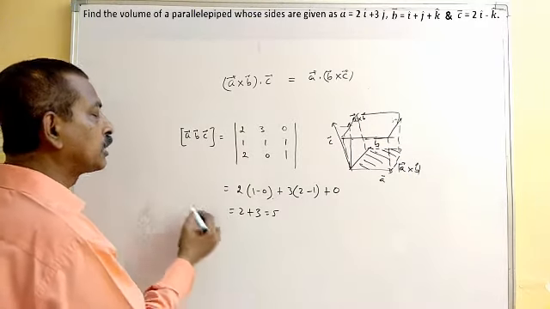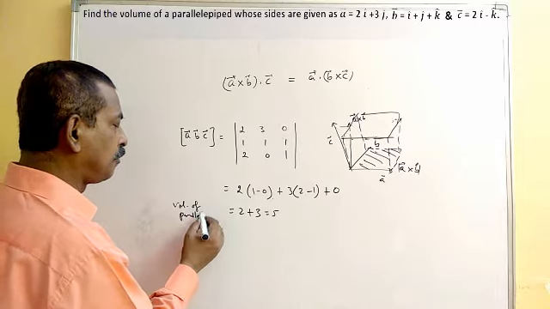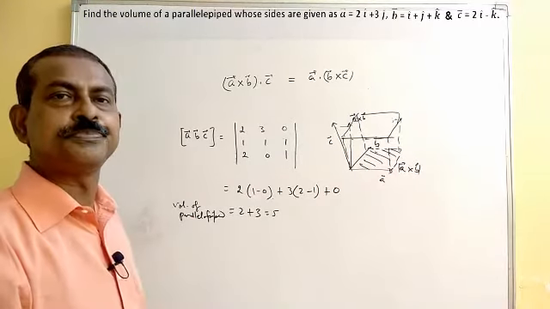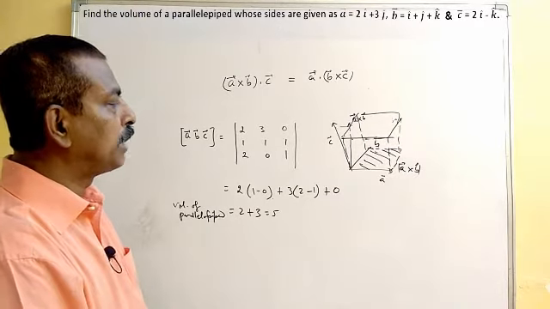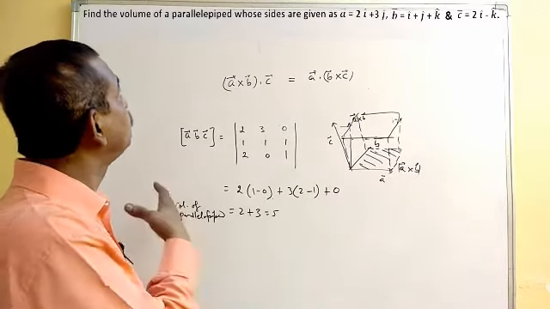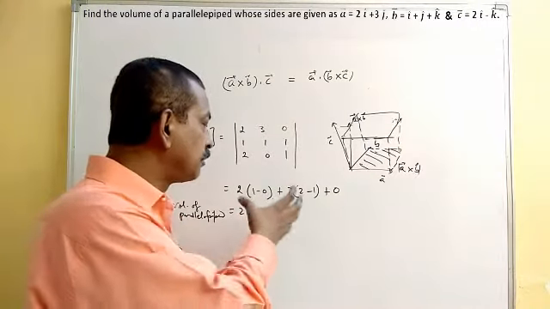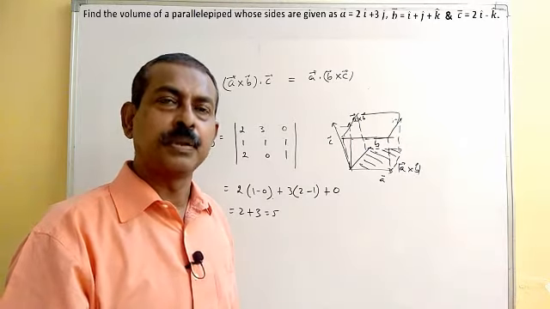So the scalar triple product, or the volume of the parallelepiped, will be equal to 5. We just take the scalar triple product as a determinant, and that will give the volume of the parallelepiped.